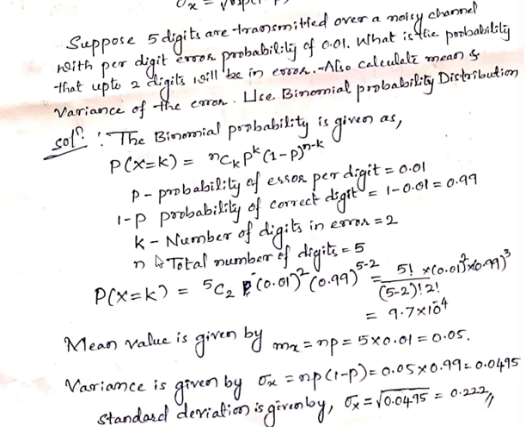When we substitute the n, k and p values, we get 0.01 raised to 2, and 1 minus p would be 0.99 raised to 5 minus 2, which is n minus k, because we are calculating the probability that up to 2 digits will be in error, meaning k is 2. After calculating, we get 9.7 into 10 raised to minus 4.